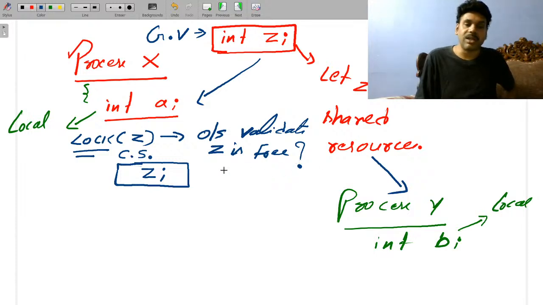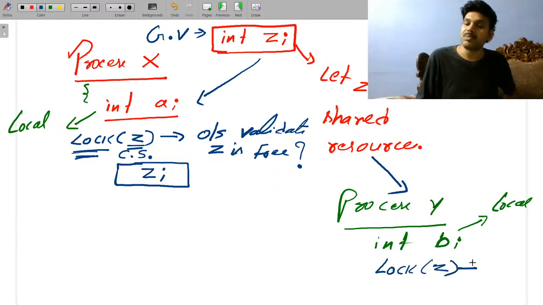If Z is free, it allows you to acquire the lock. As soon as it does, Z is occupied by process X. If somebody else tries to acquire the lock on Z, it will immediately tell them they are supposed to wait, because process X has already acquired the lock on Z. So now Z is busy with process X. How long should you be under waiting?